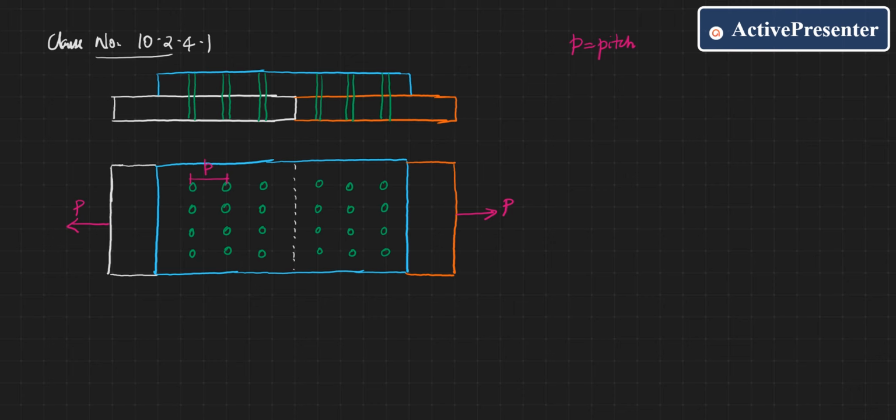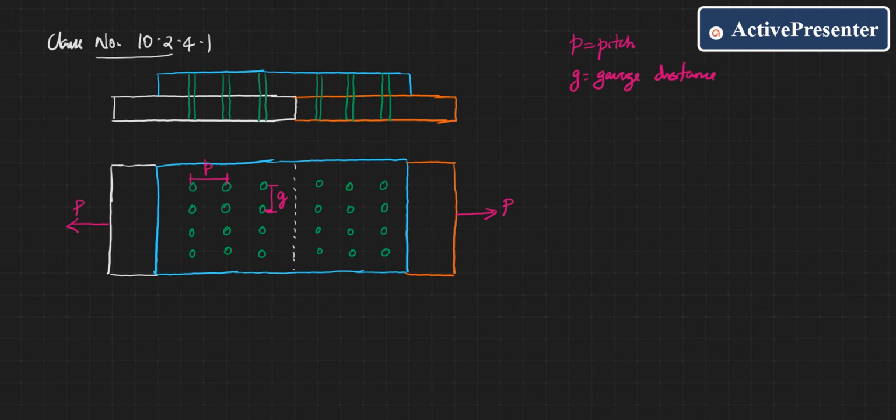Now the distance measured perpendicular to the two consecutive bolts is called as gauge distance, denoted by small g. This is g, the gauge distance.